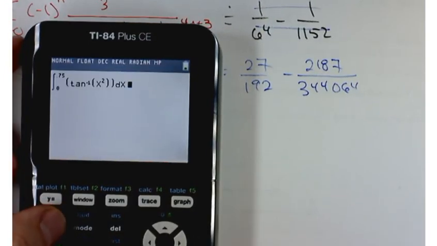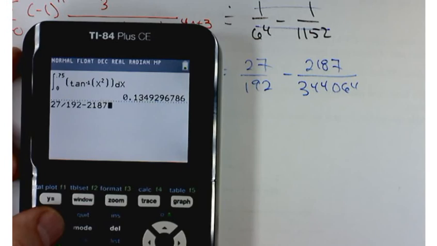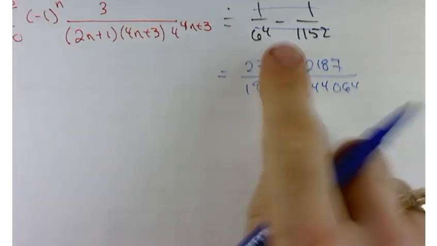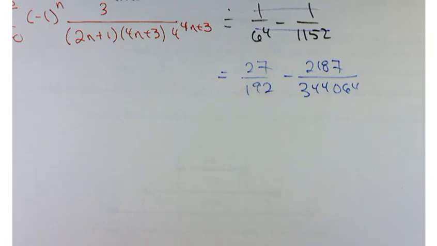Here, 27 divided by 192 minus 2187 divided by 344,064. Whoo! Thank goodness. If that didn't work, I would have been so bummed. All right, so yeah, I just had the wrong fractions there. Cool.